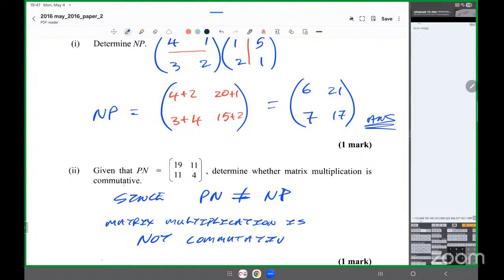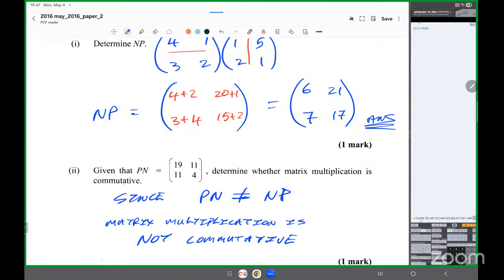Remember, commutative means that when you reverse the order, the result is the same, like addition. 2 plus 3 is the same as 3 plus 2. That's commutative. I get the same result. Multiplication of real numbers: 2 times 3 is 6, 3 times 2 is still 6. So the multiplication of real numbers is commutative because when you reverse the order, the result is the same.